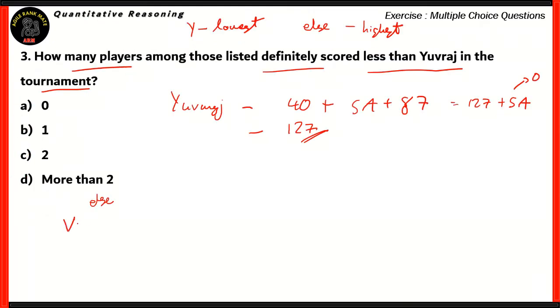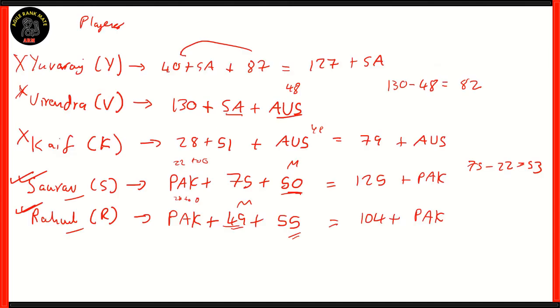So Virendra cannot be considered. Now what about Saurav? Let's say Saurav has 75 and 50 already, so he has 125 plus the score against Pakistan.